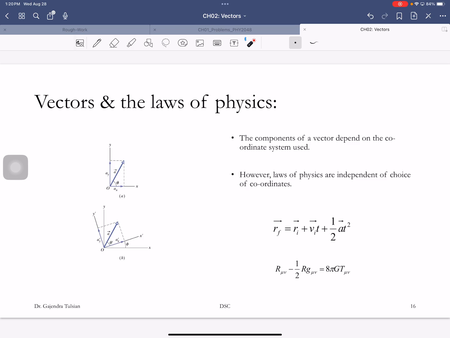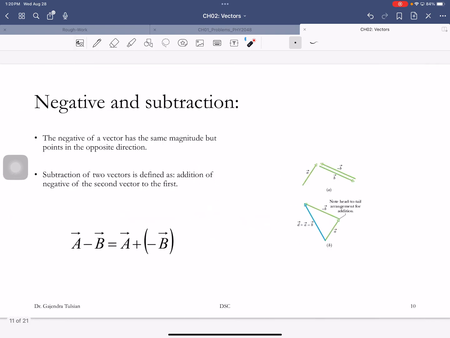You throw this in, and that curved it. The right-hand side tells you the distribution of stuff, matter and energy, that is curving it, and this is the curvature. All right, anyway, that's just trying to motivate the chapter.